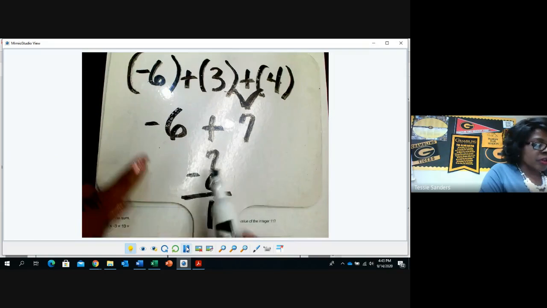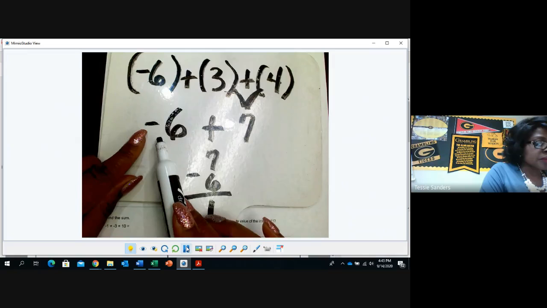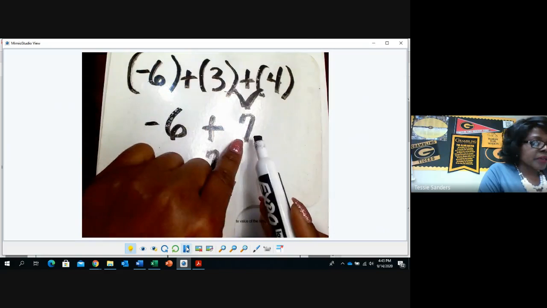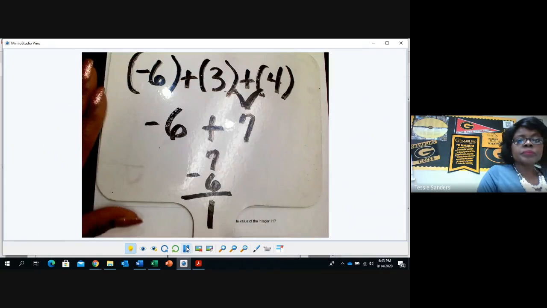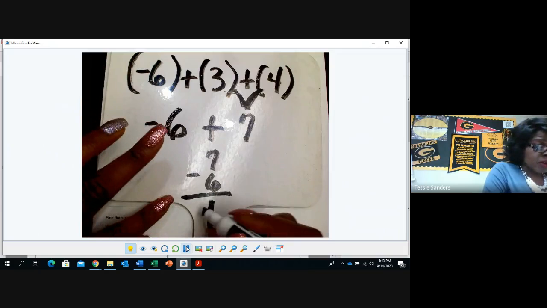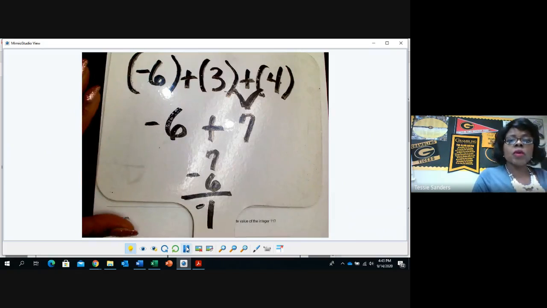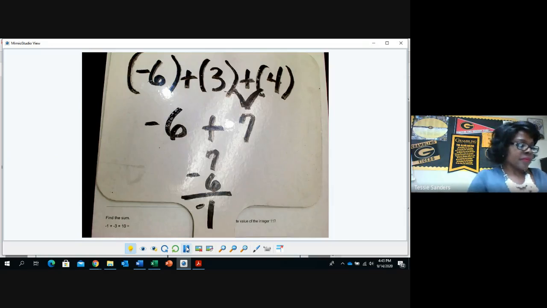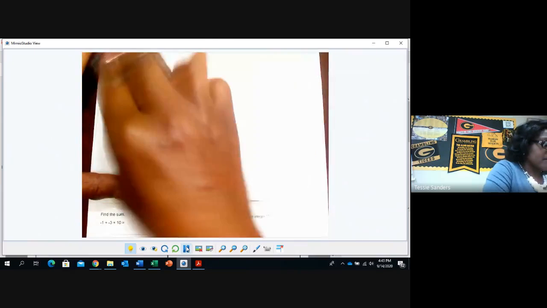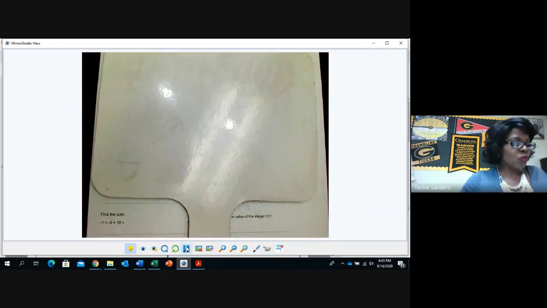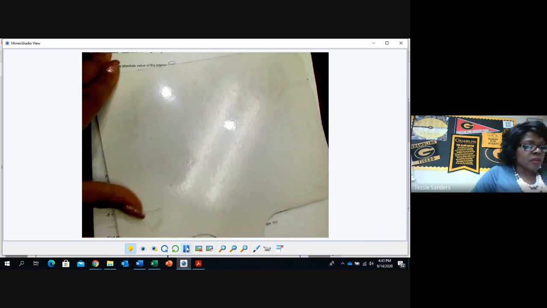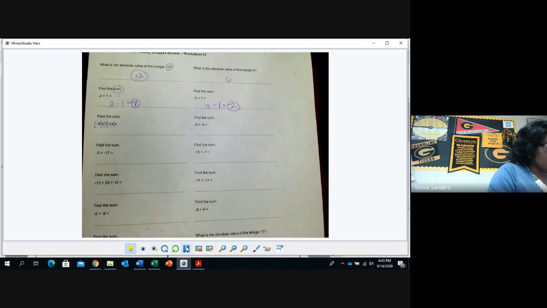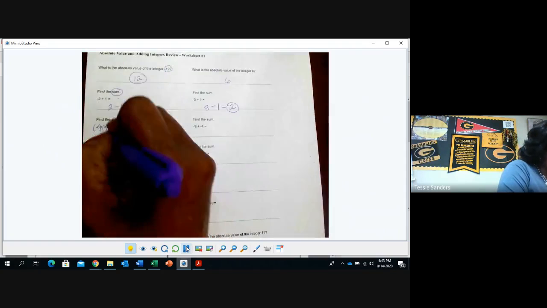Which is the larger number? Will it be -6 or will it be 7? It will be -1. Good job. You did a good job. You'll get the hang of it. Don't give up. Don't throw in the towel on the integers. So it's -1.